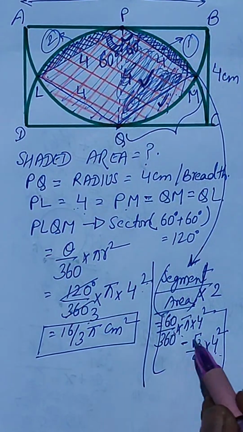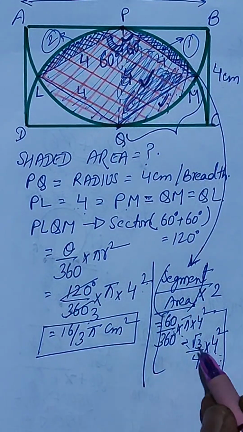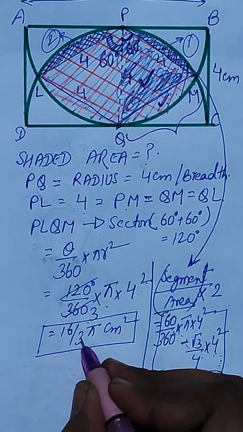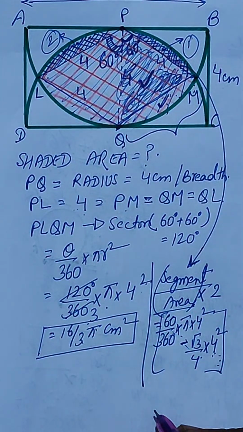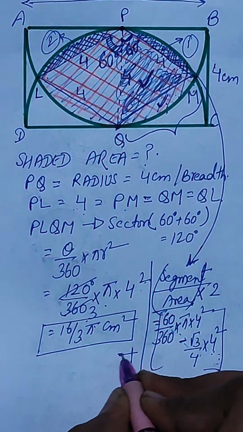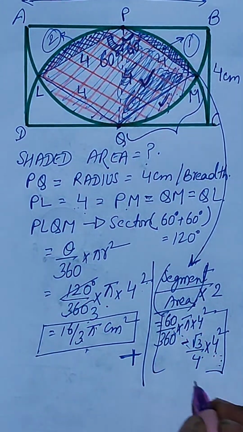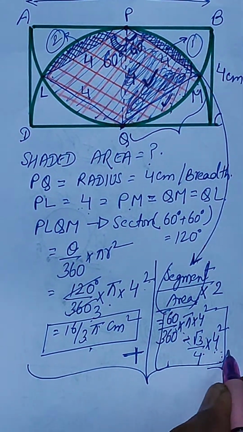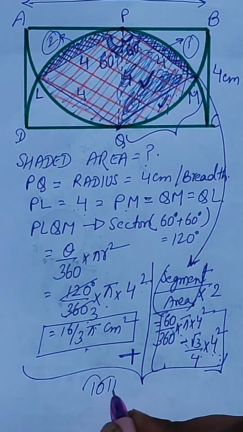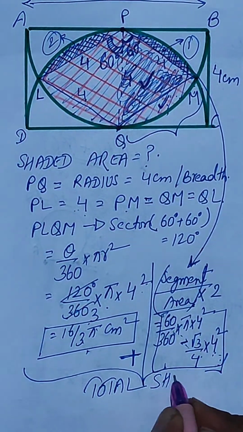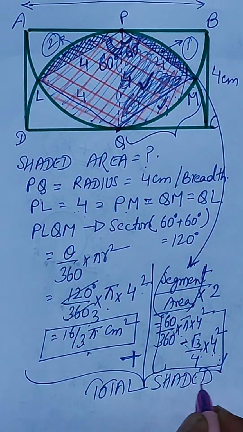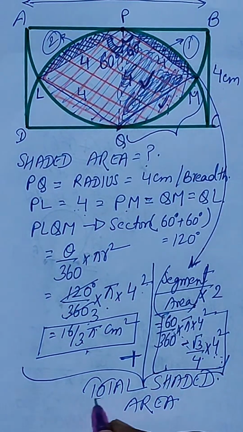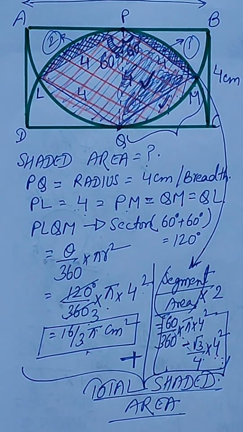When you add it to the area of this sector, that is 16 by 3 into pi, you will get the total shaded area. Did you get it?